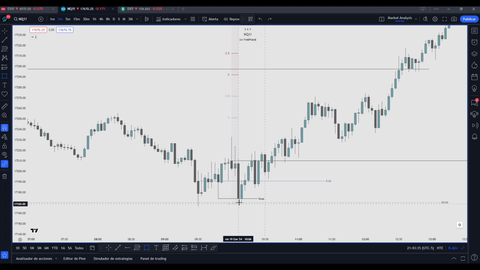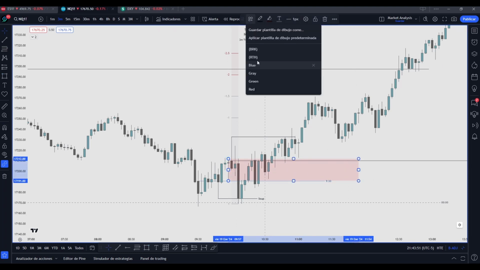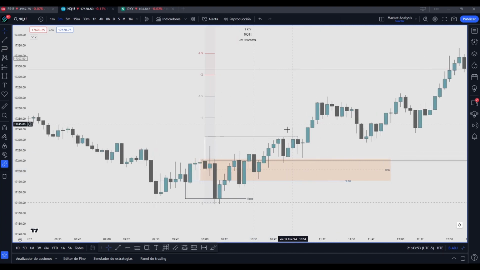Low, high, lower low, our higher high is created all the way till here. Here's our breaker block, bullish candles. Oof, we didn't get tapped on NQ.